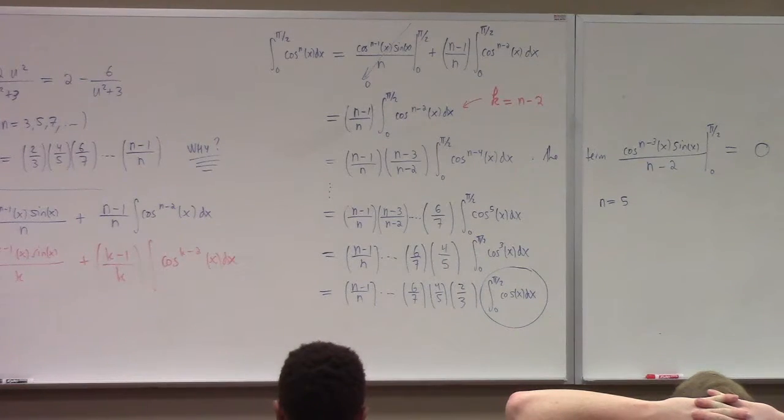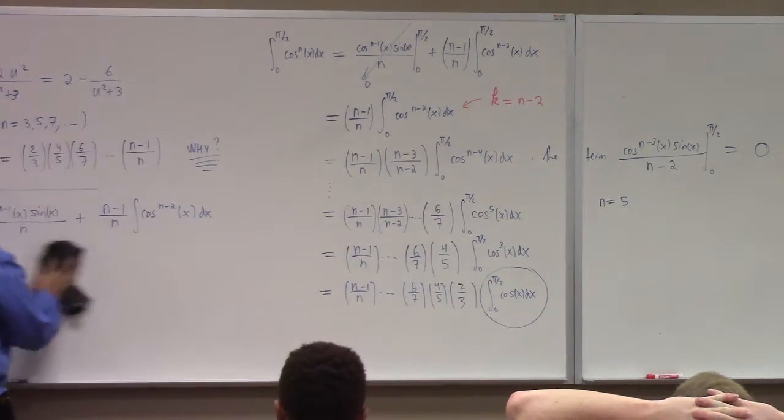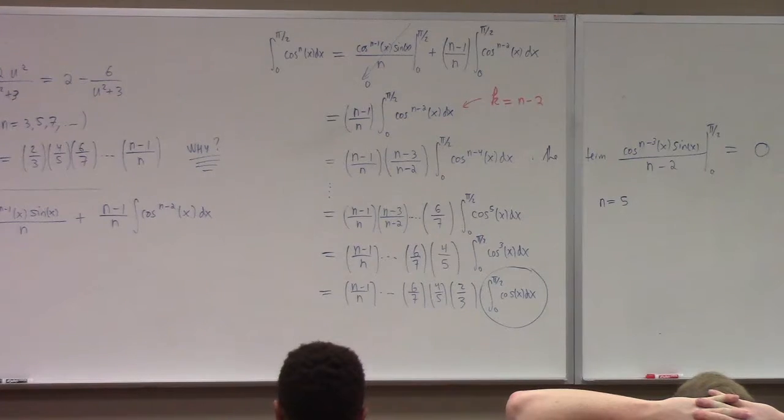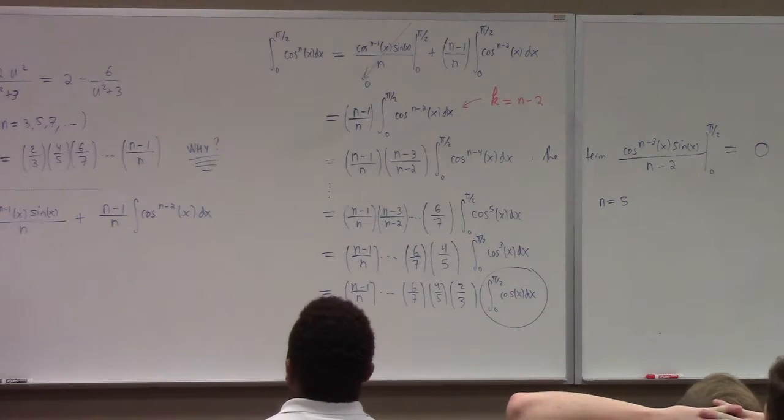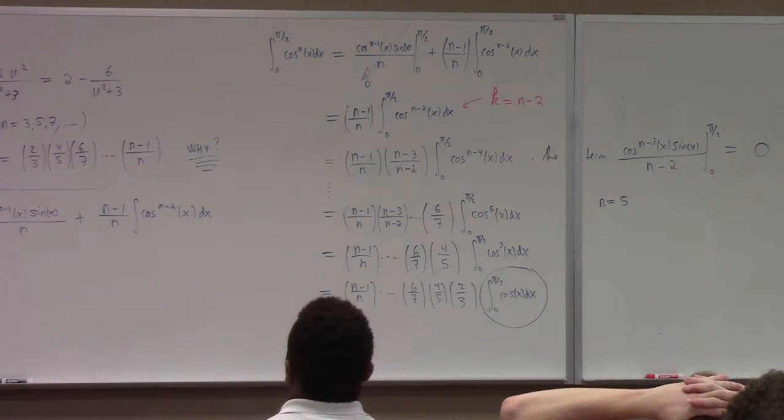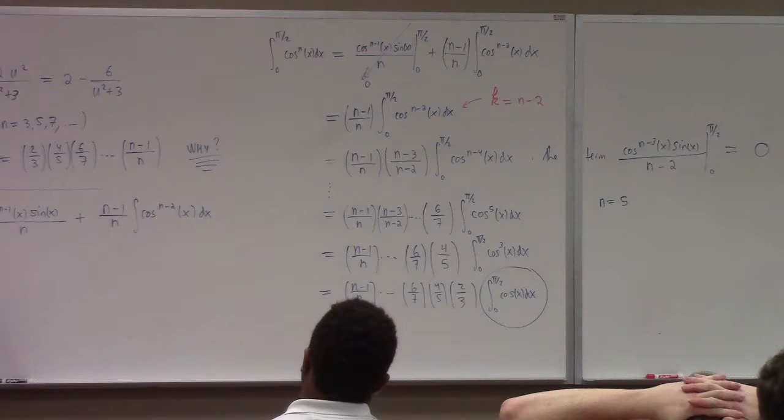What can I say? My claim was that we can get this from integration by parts. Am I right? Am I wrong? How would we do integration by parts? Maybe here. I might be wrong. My tendency here would be to rewrite this as the integral of cosine n minus 1 of x times cosine of x dx, right?